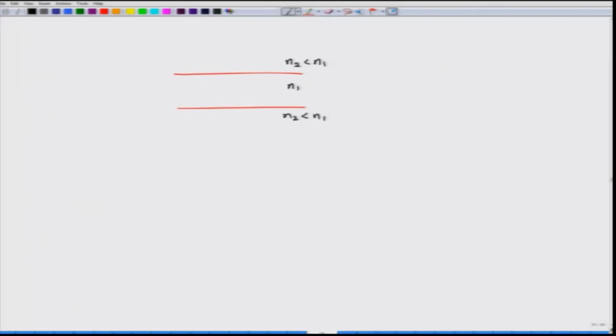So, this is called a symmetric slab waveguide. The reason I am doing this is just to get some reasonable expressions. The analysis is not really difficult if you were to replace this symmetric slab waveguide with an asymmetric slab waveguide.